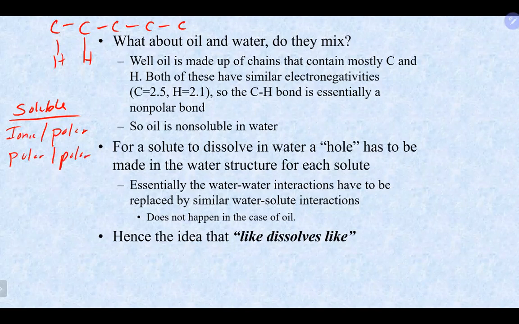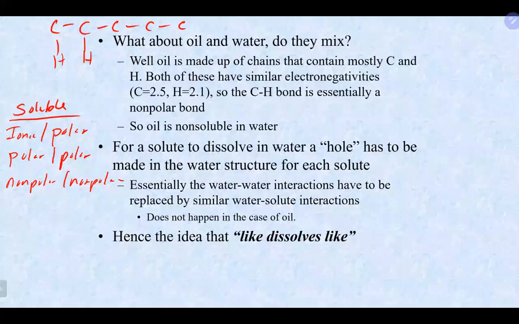And the one sometimes people overlook, which is the nonpolar and the nonpolar, will also be really soluble in one another. That's because nonpolar and nonpolar will both be using dispersion forces, which means they're using the exact same type of interaction that they use with themselves. So they will be actually soluble in one another.